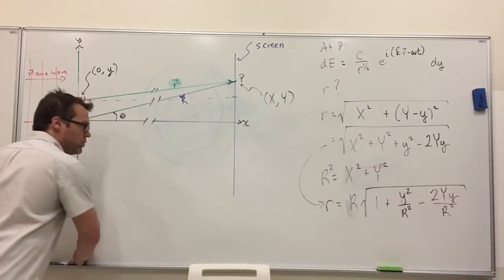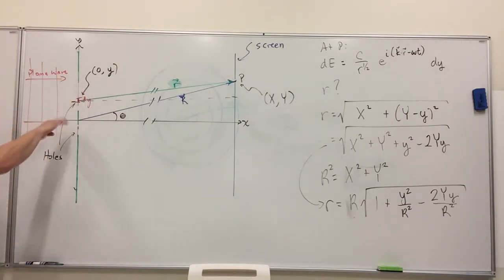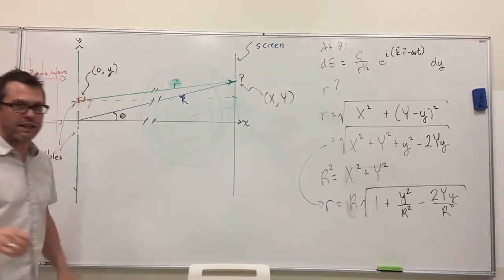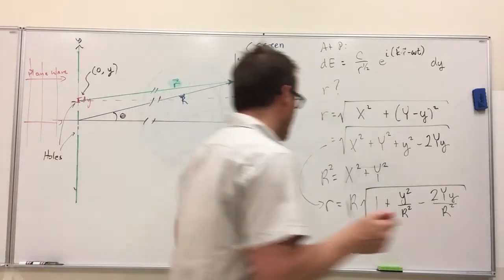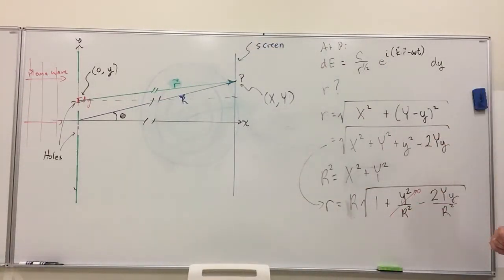At this point, it's useful to make some approximations. We're assuming that the slit distance, little y, is very small compared to this huge distance here, big R. So right away, we can make a very good approximation that this term is almost equal to 0. This other term is slightly less convincing in its smallness, so I'm going to have to keep it for now.